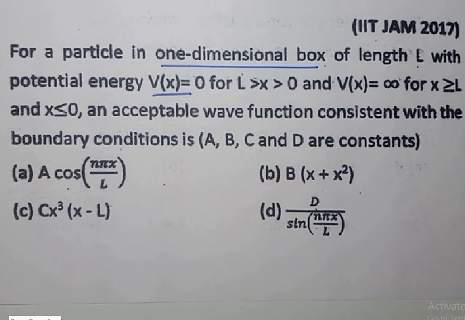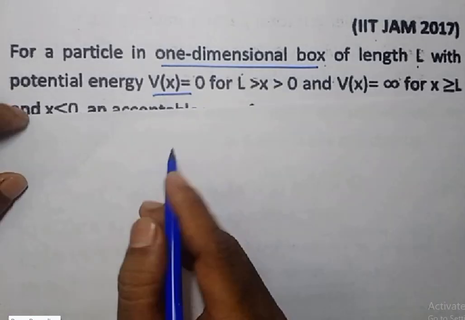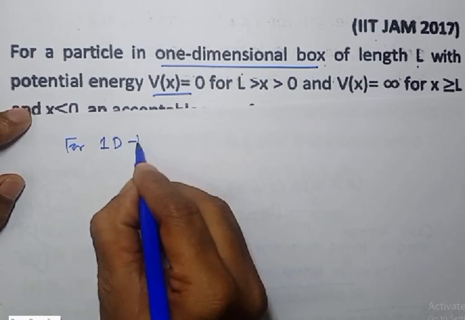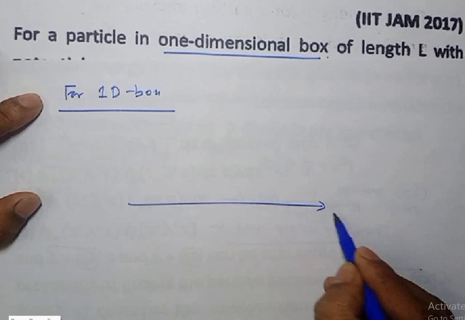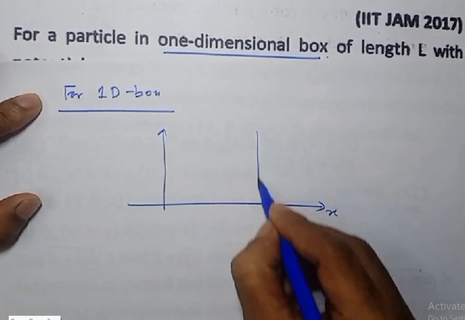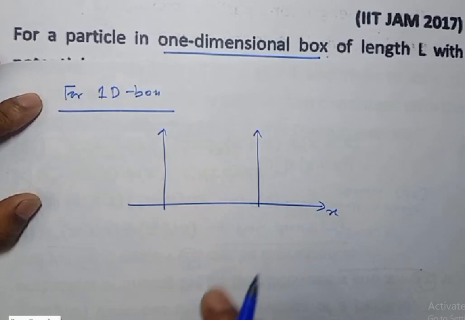You know very well, a particle in a 1D box. For the 1D box problem, a particle moves along the x-axis, and we keep potential barriers so that the particle is confined to move only within the box.